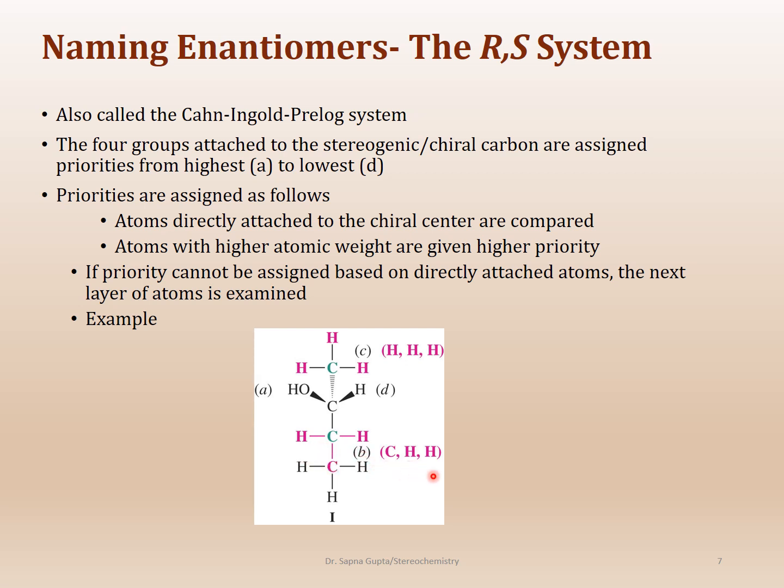So now the priority goes to this carbon right here because it has one atom that is higher in atomic weight. So you go layer by layer, you go atom by atom. You never look at the entire group unless you're good at it. We'll get there eventually, but right now go atom by atom to assign priorities.